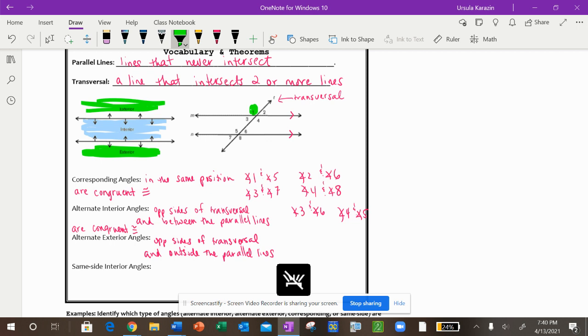Opposite side of it, you might think is angle 2, but it's not. It is going to be angle 8. Okay, so angle 1 and angle 8, and then the other pair, 2 and 7. And these are also congruent.